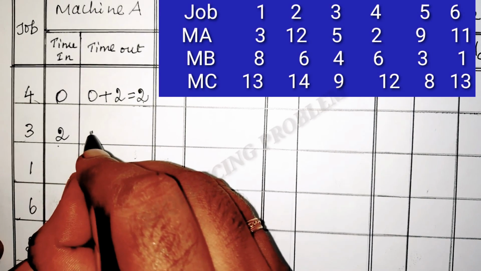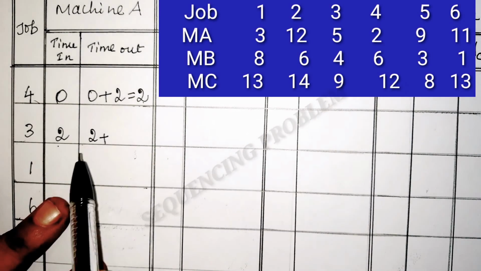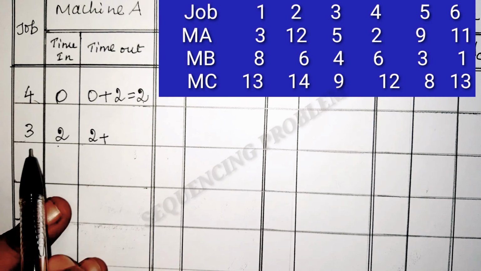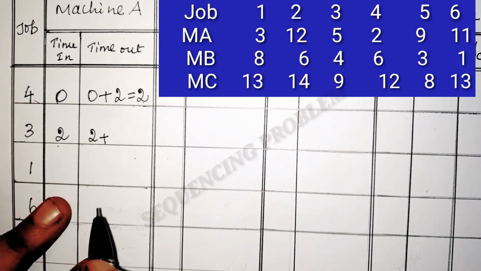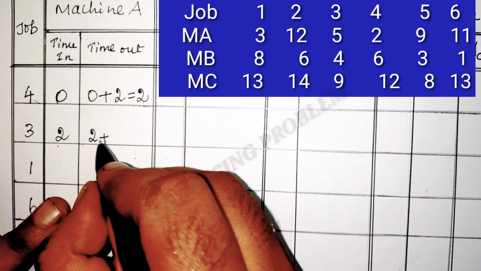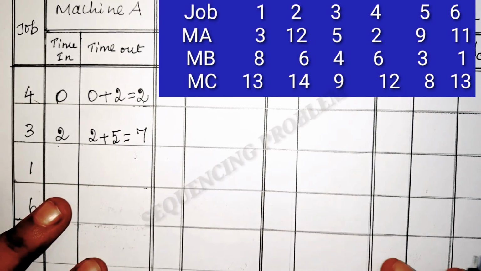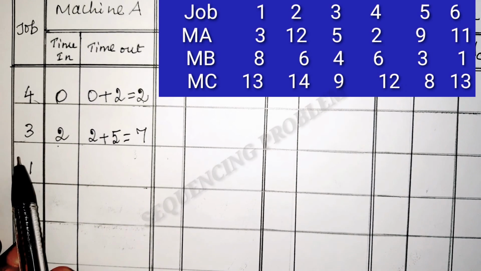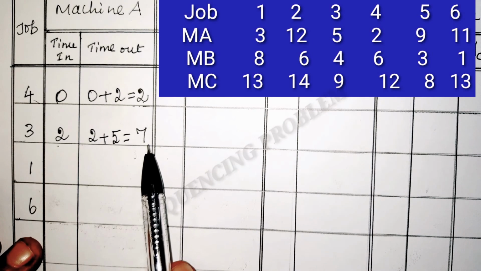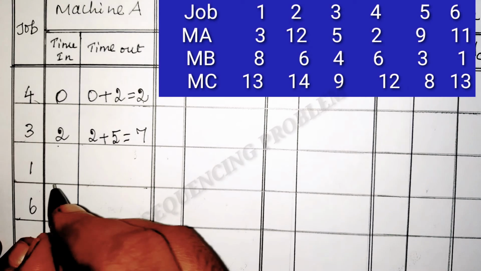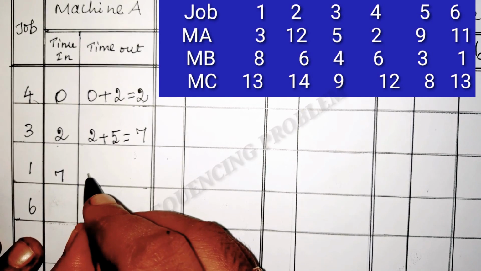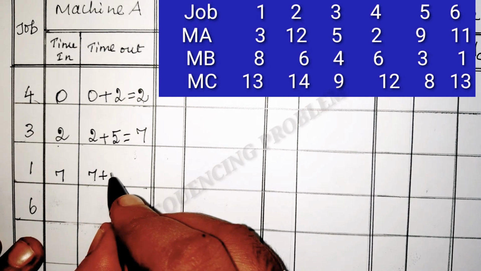Out time is 2 plus processing time for job 3 on machine A, 2 plus 5. For job 3, time in is 2 and time out is 7. And for job 1, time in is 7, time out is 7 plus processing time for job 1, which is 3.